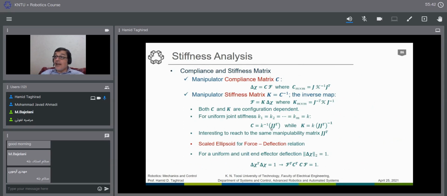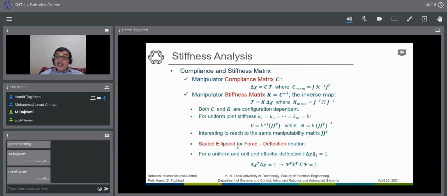And since we have the JJ transpose, we could have the same ellipsoid, of course scaled. Why scaled? The scale is coming from this gain. And if the K's are not equal to each other, we have a scale in all the directions, in all the elements of JJ transpose. This is the weighted JJ transpose. As you see here, JJ transpose is weighted by K minus 1 in general, and if all the K's are equal, just by a number.